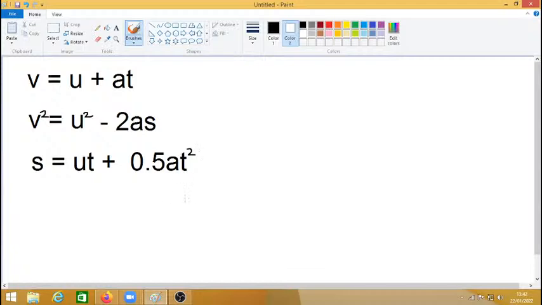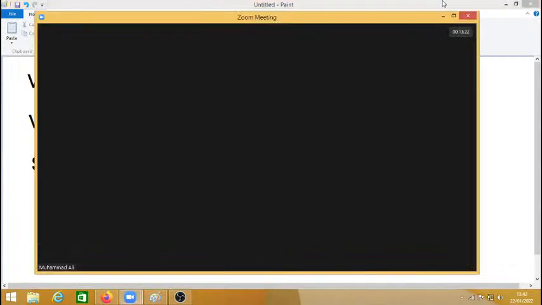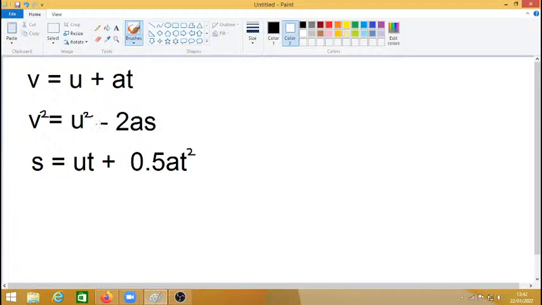There are a couple of other formulas, but I normally find that you can get away with most questions just by using these formulas, and that'll be sufficient.